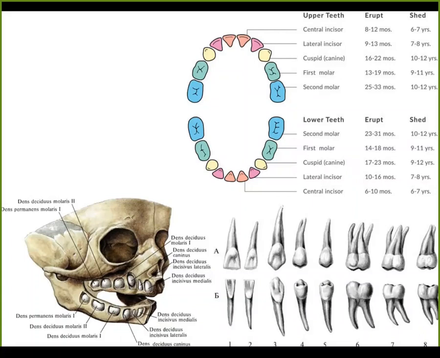Yes, we have deciduous teeth, which are produced in the first year after birth, and at about 4 or 5 years old they start changing into permanent teeth.